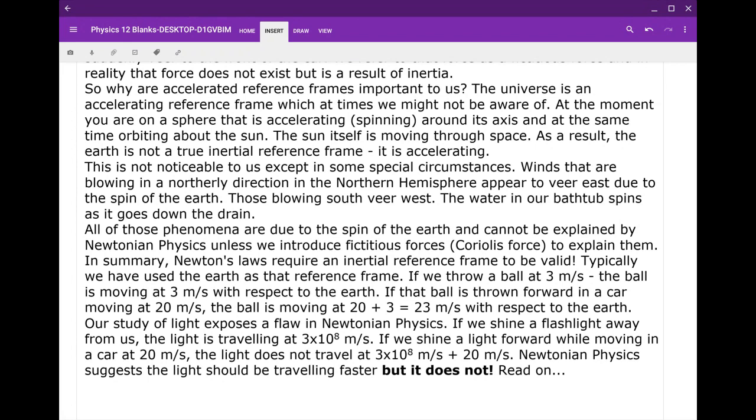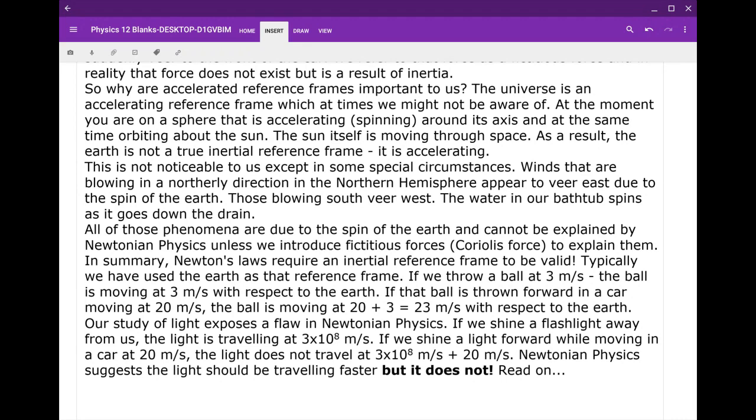You can add two velocities based on the fact that the frame of reference, the car, is moving. So the velocity of the car plus the velocity of the ball equals the velocity of the ball to someone outside. Then you would say, well, that makes sense.